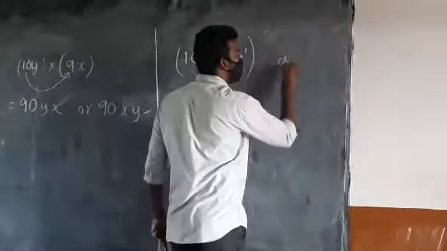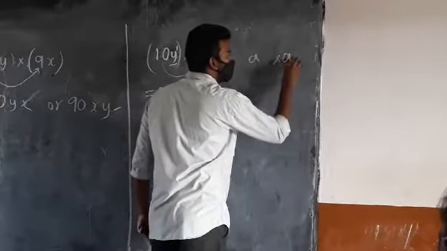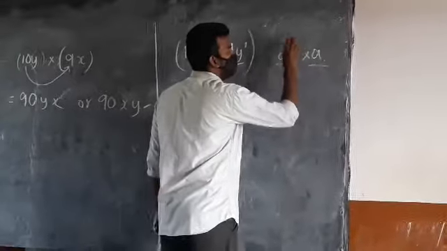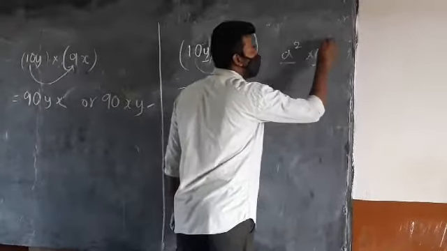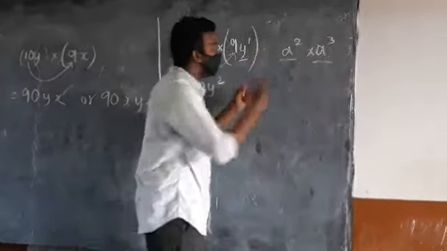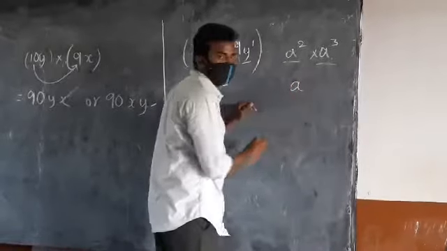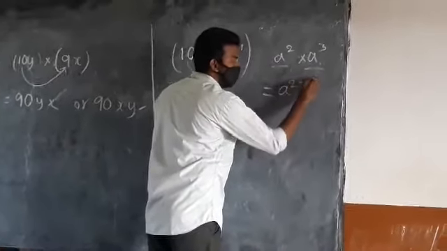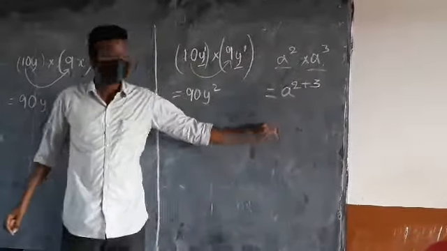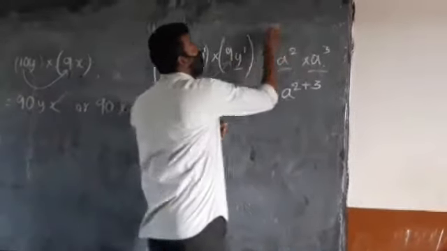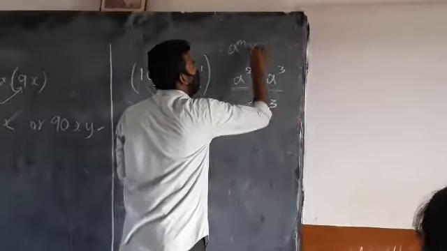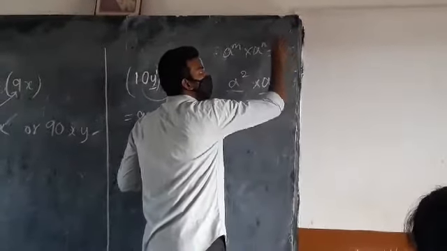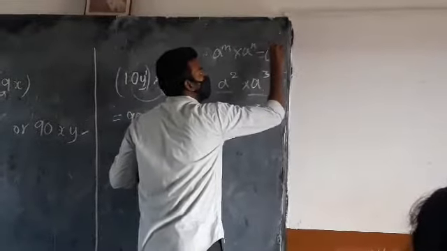When you have the same base, with the same powers or different powers, whatever they are, you put the same base again and add both powers. Understood? a power m into a power n equals a power m plus n.